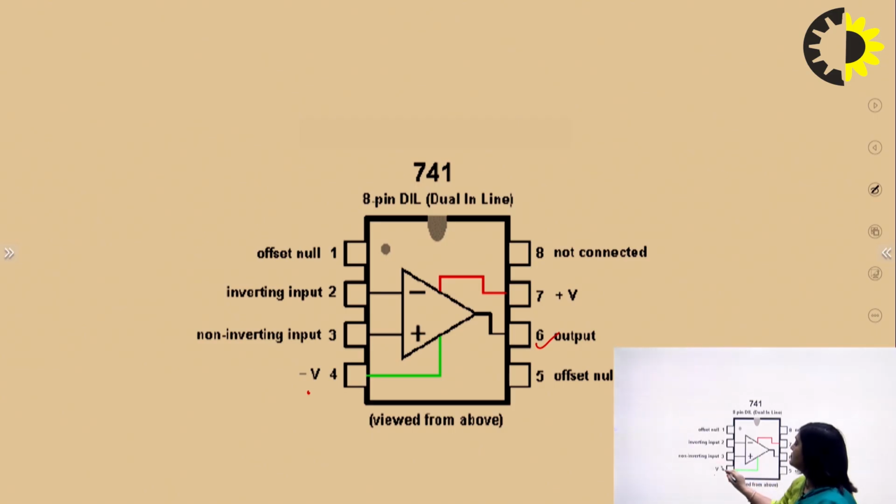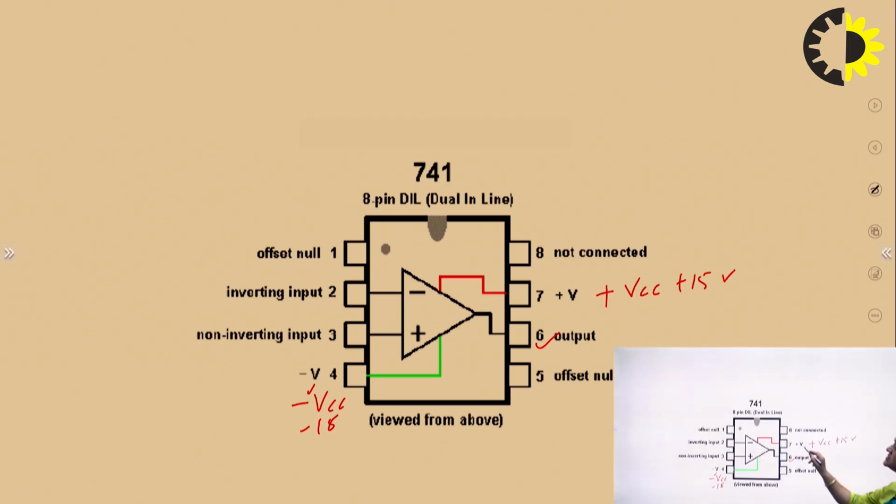Pin number 4 is connected to the minus VCC, that is minus 15 volt, and pin 7 is the plus VCC, that is plus 15 volt. Pins 4 and 7 are used for providing biasing to the IC. If we are not giving these biasings to the IC and we apply input at terminals 2 and 3, then the output will be 0 because there is no biasing given to the IC.